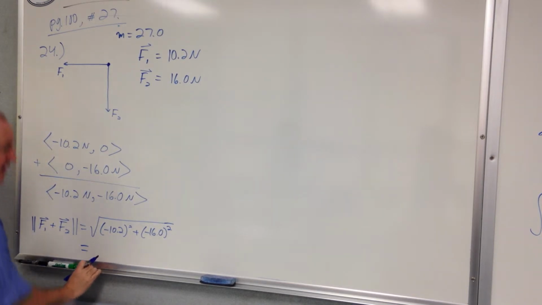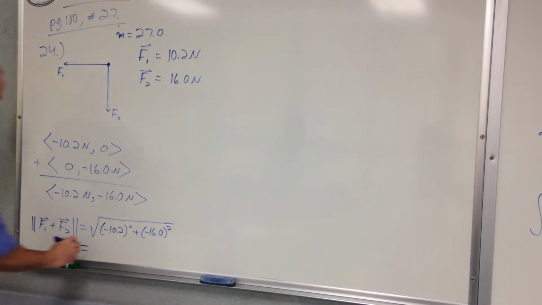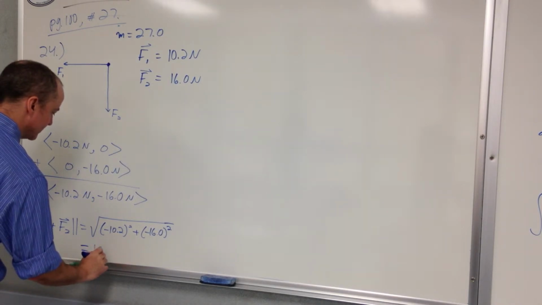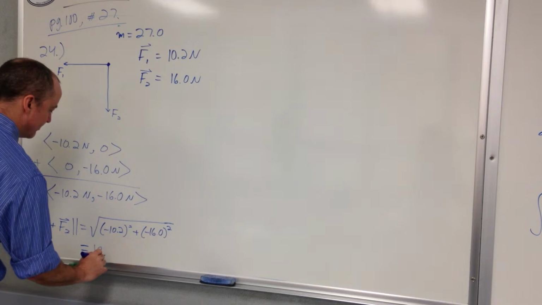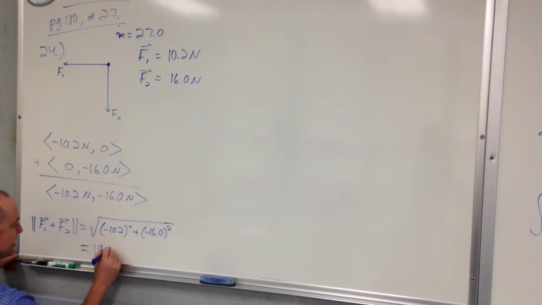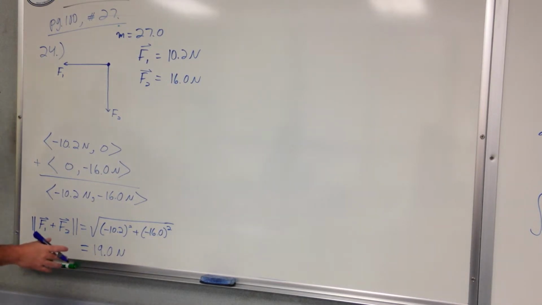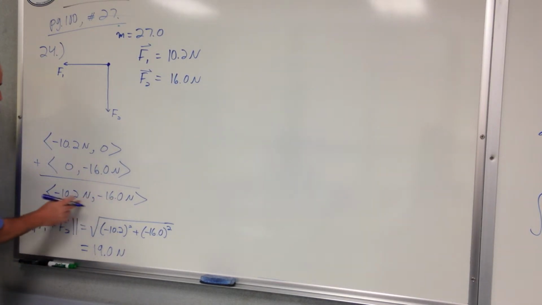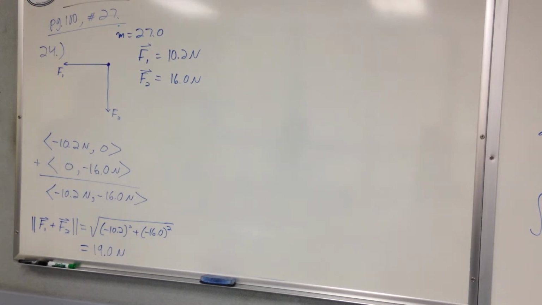Square root of 360, so that's 18.97, so it's 19.0 with three sig figs. So 19.0 newtons. Now, do they ask what direction it goes in? No. It just says find the net force, so we don't have to worry about theta. If we were looking for the direction, we would do the inverse tangent of 16 over 10.2, but we're not.